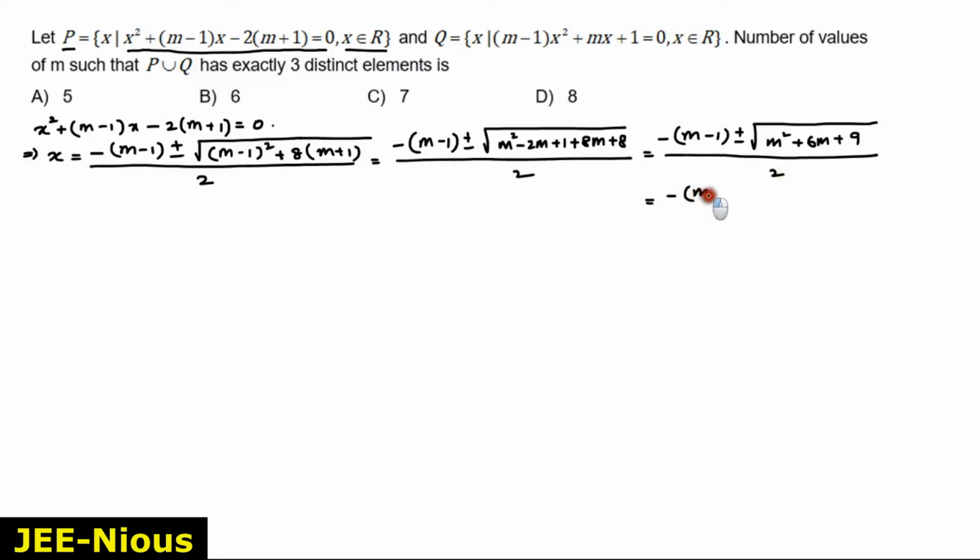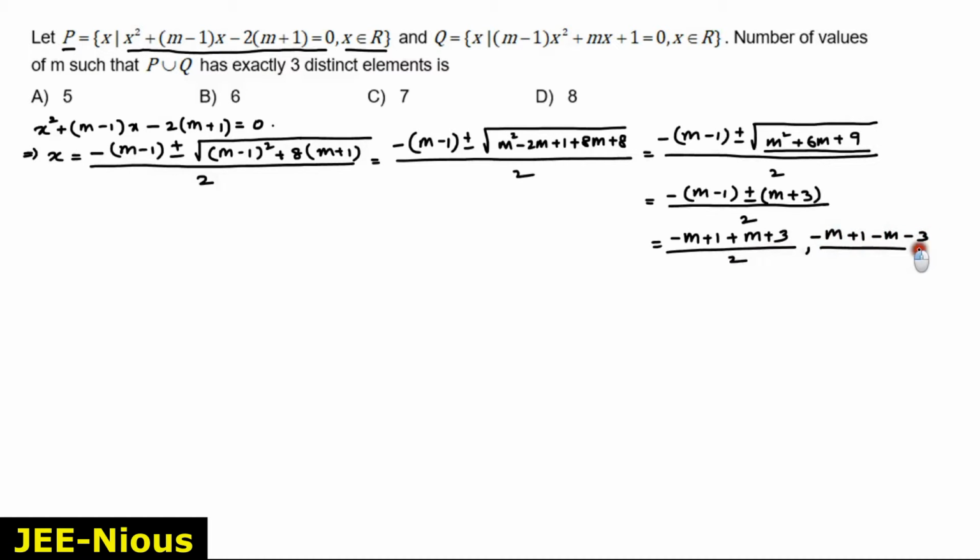So it is coming to minus m minus 1 plus minus. This is basically m plus 3 whole square. So it will come out like m plus 3 divided by 2. So the two roots are minus m plus 1 plus m plus 3 by 2, and another root will be minus m plus 1 minus m minus 3 by 2.